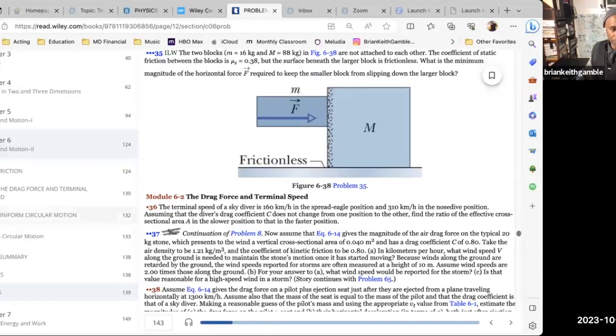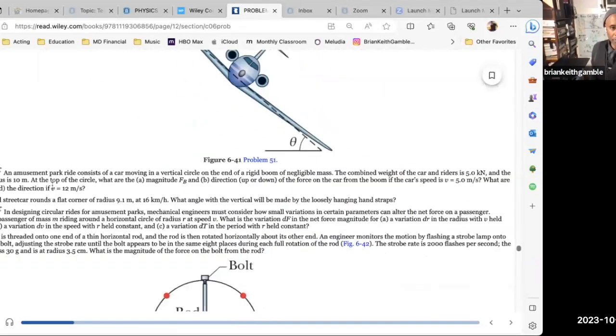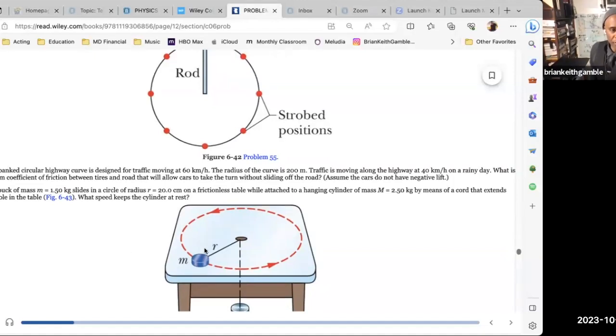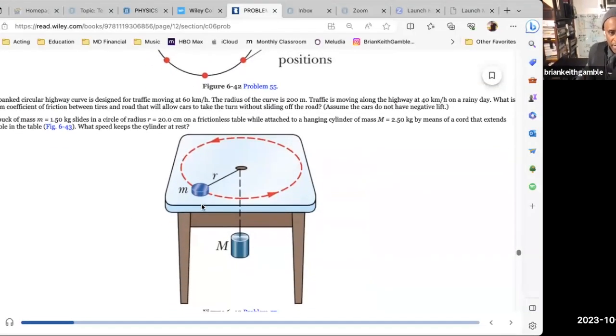Actually, let's go ahead and make it a little bit bigger. Here, you're starting. So this is a good problem, 57. Sometimes I do variations of that. You can put the top mass on a plane, or you can put the bottom mass on an incline at an angle. Sometimes I do both.